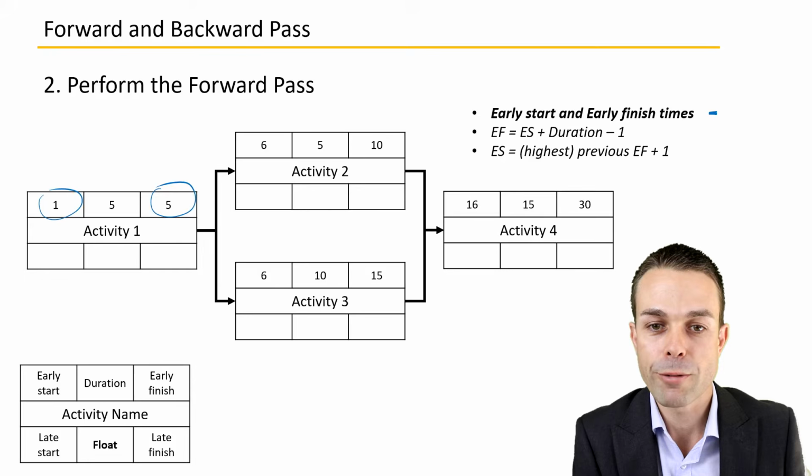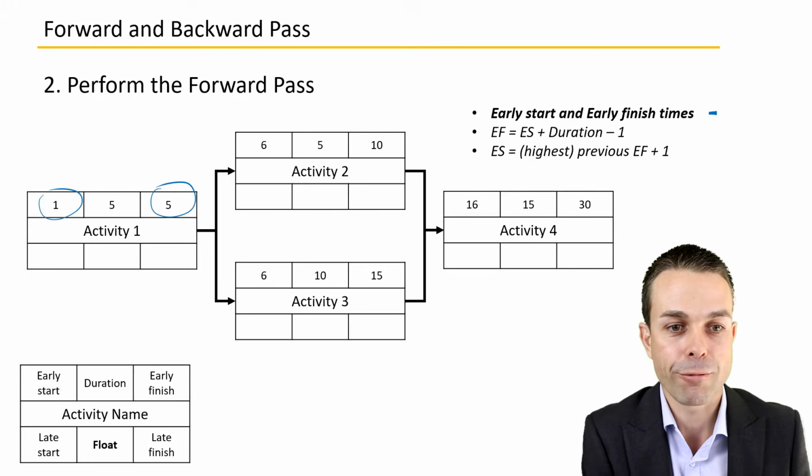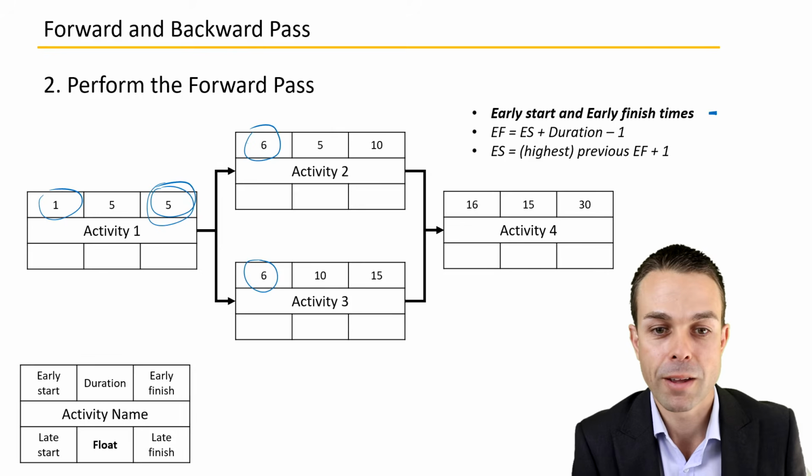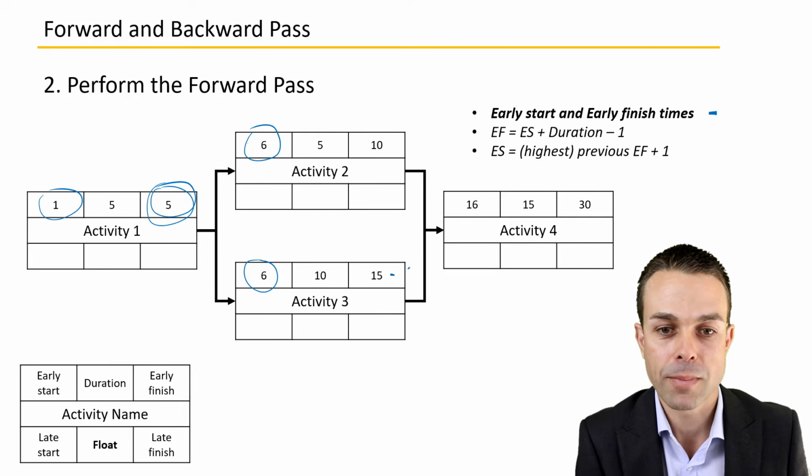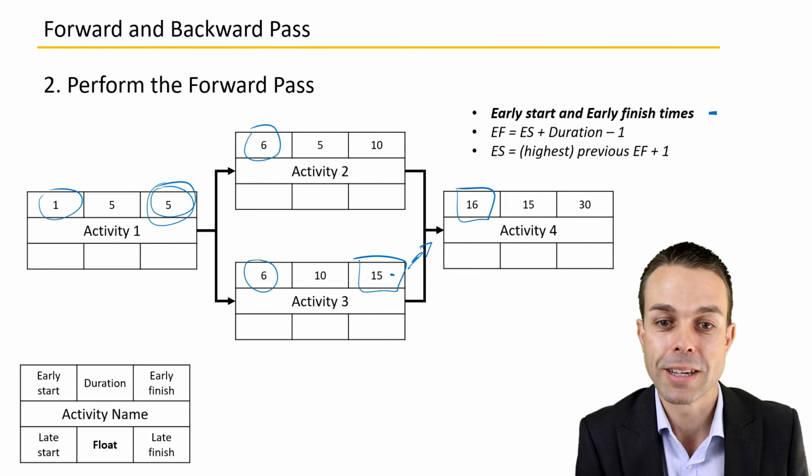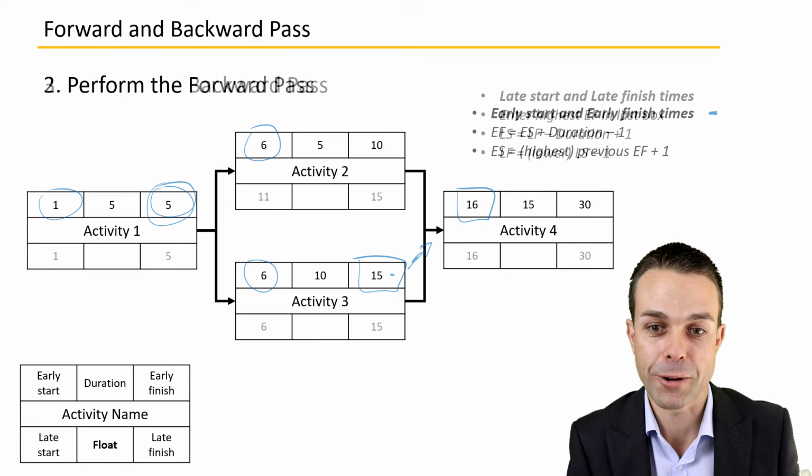And the way we figure this out is once we've got our first early finish, we add 1, and that's our next early start. So we've got 5 plus 1 is 6 as our early start. 15 plus 1, that's their highest. So the highest previous early finish of 15 plus 1 equals 16 on our schedule network diagram.